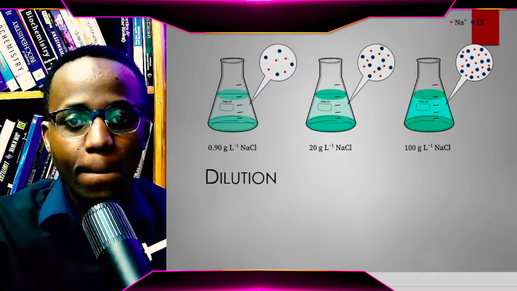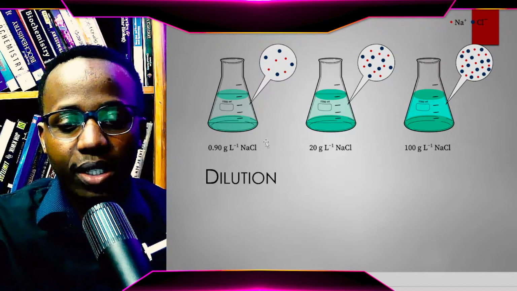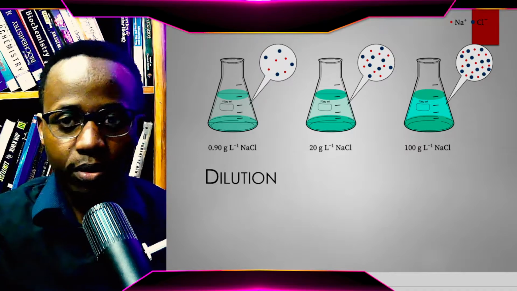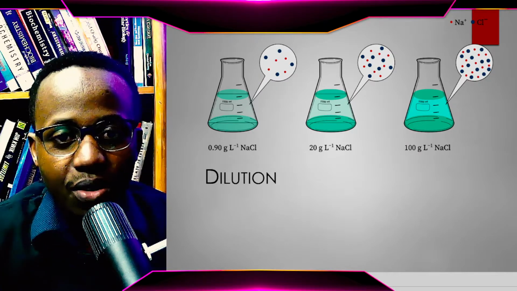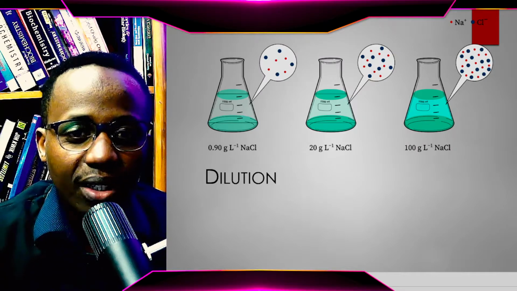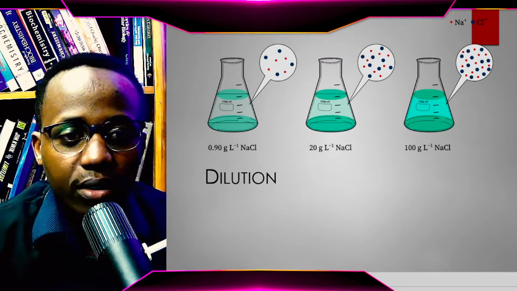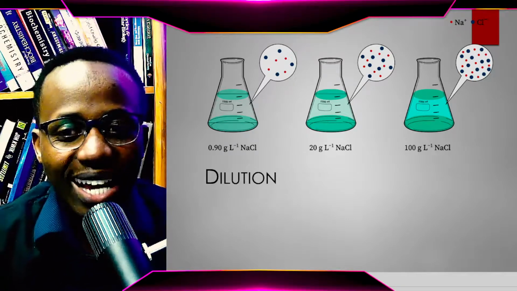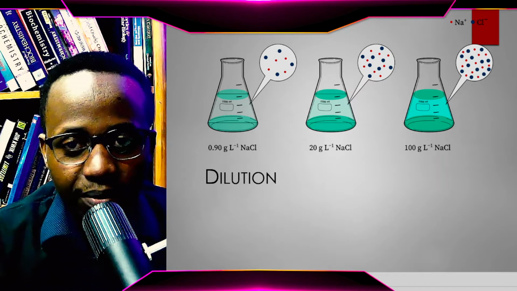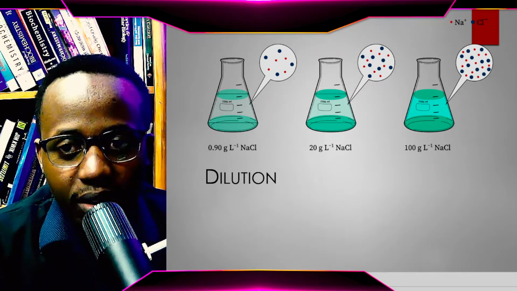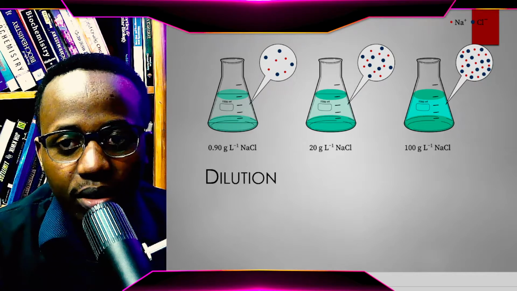So this is what dilution looks like. Here you have on the left the most dilute solution, right? It has the lowest concentration. On the right, you have the most concentrated solution, right?